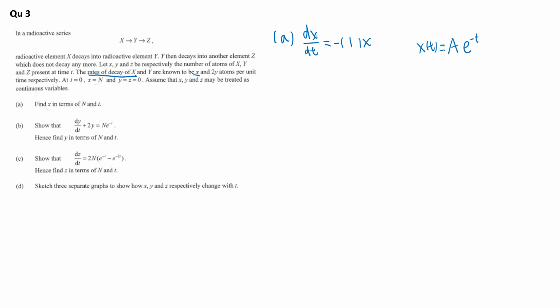So this is what we have for part A. Of course, A is at this point an unknown constant.